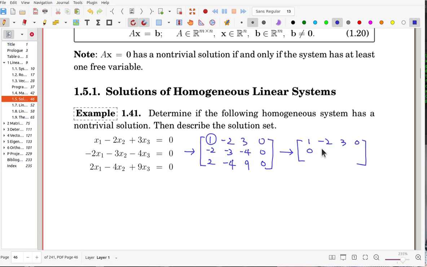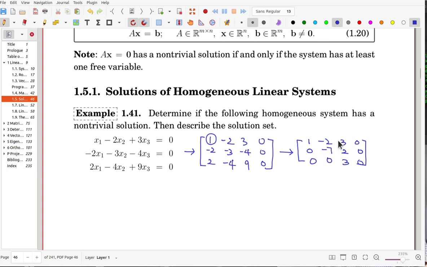Twice minus 7 is added, and 6 is added to become 2, and 0. Now we subtract twice, then this is 0. Subtract twice again, then there will be 0 again.